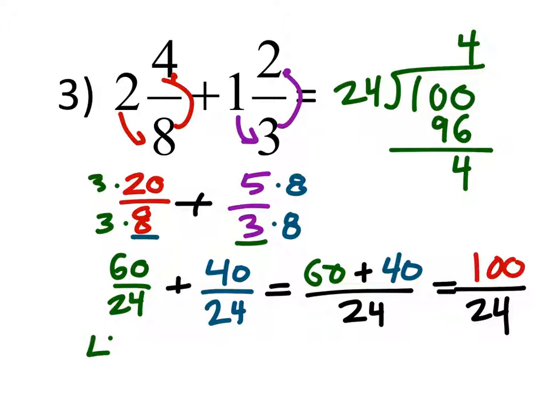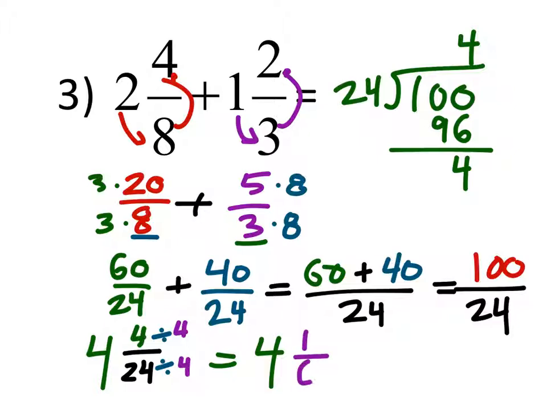So this would give me 4 with 4 remaining out of 24. But I can see that fraction, I can simplify both of these by 4. So I still got my 4, but now that fraction's turned into 1/6. So my final answer, 4 1/6.